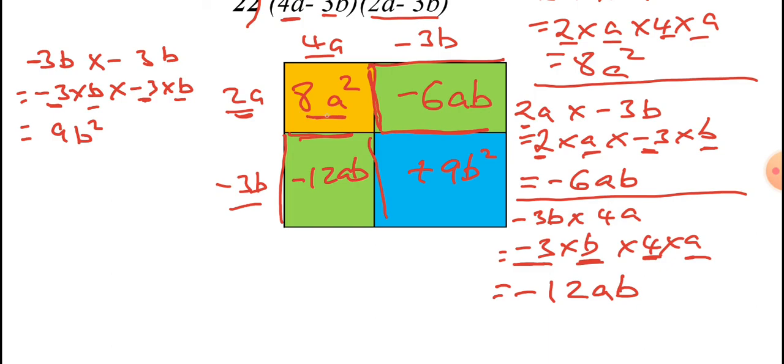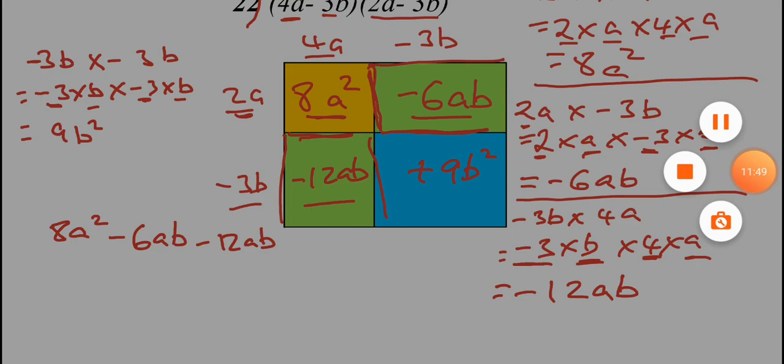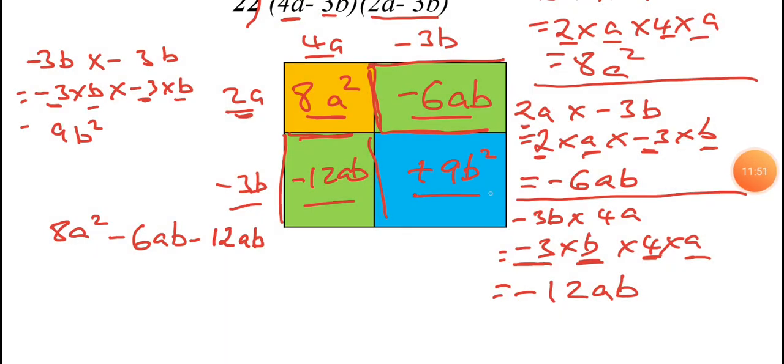So from here I got 8a squared. Then from here I've got minus 6ab. Then from here I've got minus 12ab. And then from here I've got plus 9b squared. The 8a squared, there's no simplifying, so I just copy that down.